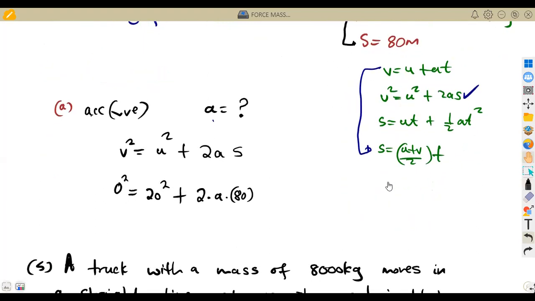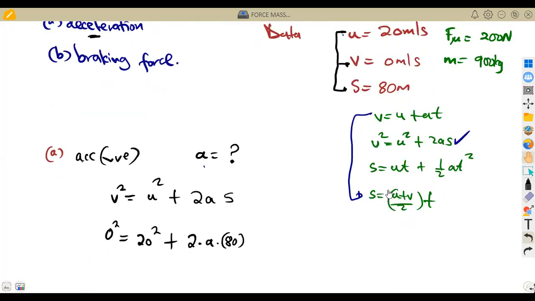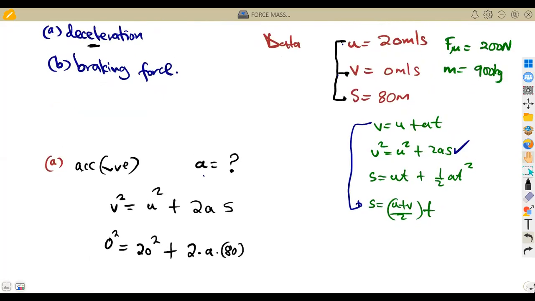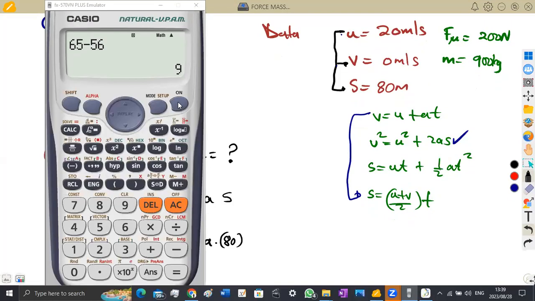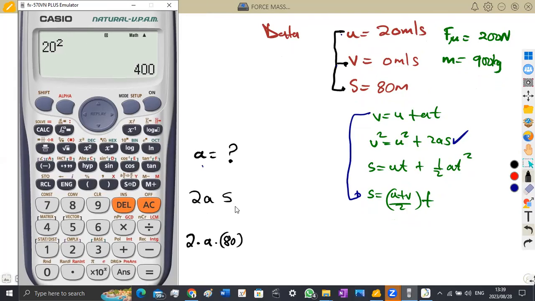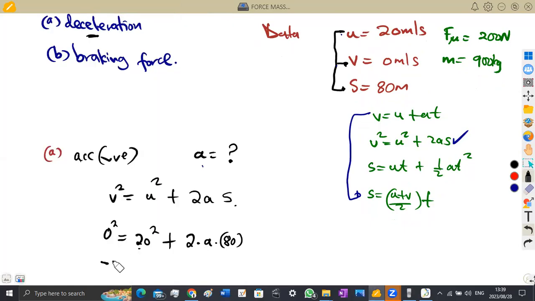All right, so let us see what we are going to have from this. If we transpose 20 squared to the other hand, it becomes a negative. 20 squared is 400, but if we write it on this side, it's going to be minus 400, is equal to 2 times 80, which is 160.